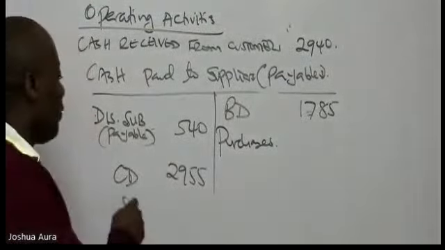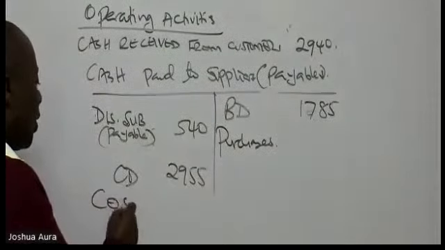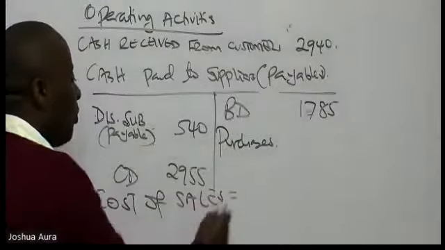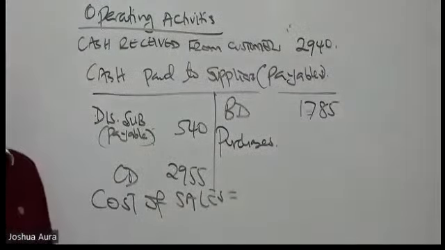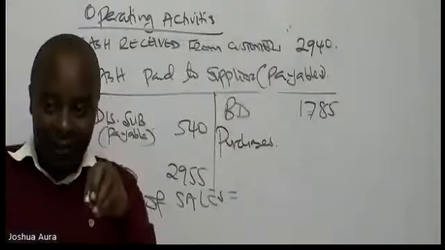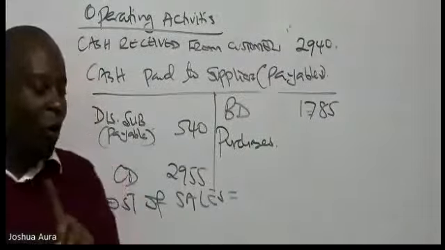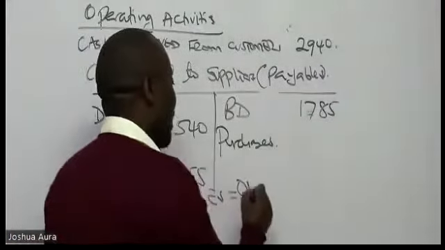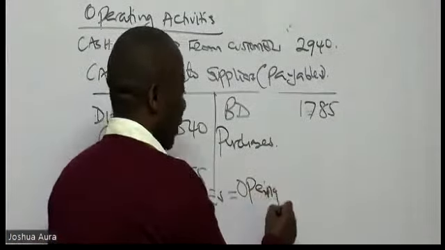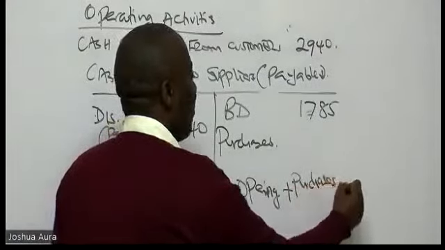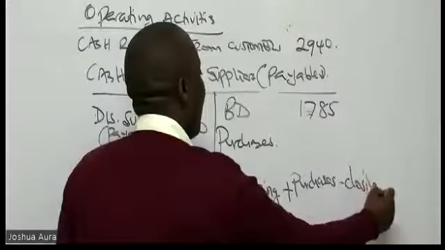When they want us to give them cost of sales in the income statement, opening plus purchases minus closing stock. So we have opening stock, inventory that is, plus purchases minus closing inventory.